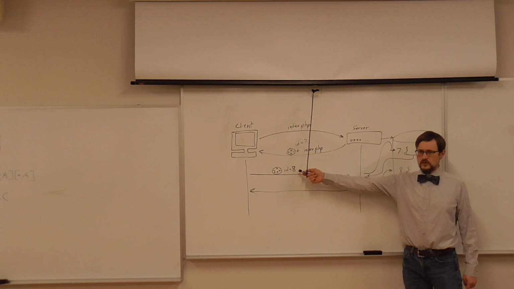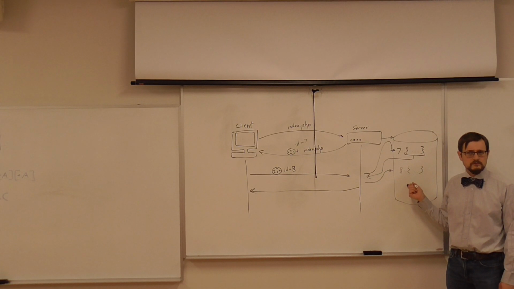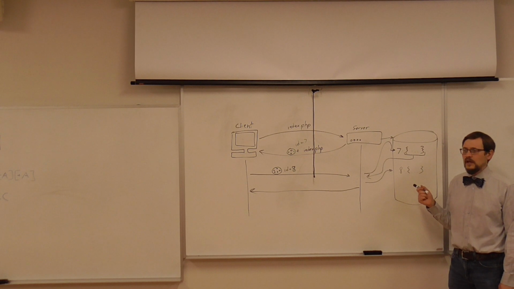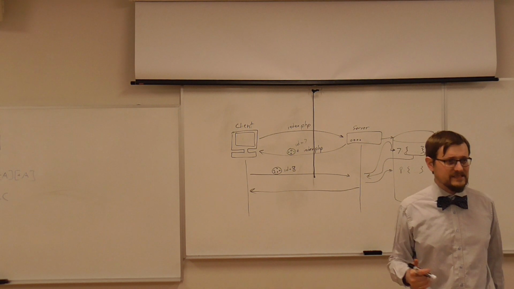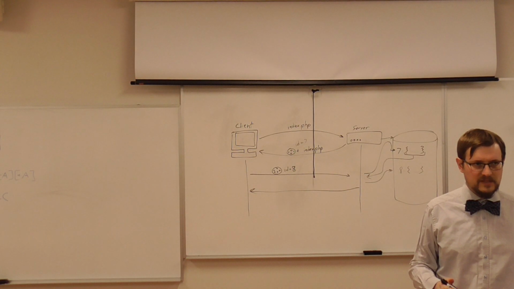If you modified your cookie to 8, you would get someone else's session. This might be a login session for someone's bank, right? So you don't want people being able to guess other people's ID numbers, right?